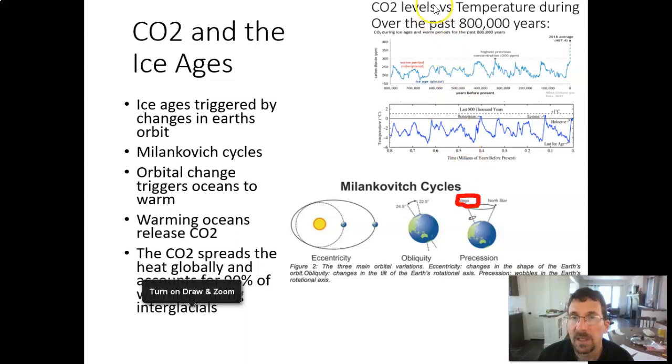The point of this is that when Earth is pointed towards the sun, or pointed more upright, we tend to have warmer time periods, and when we're pointed more away from the sun, we tend to have times when the Earth can cool down and get a lot colder.